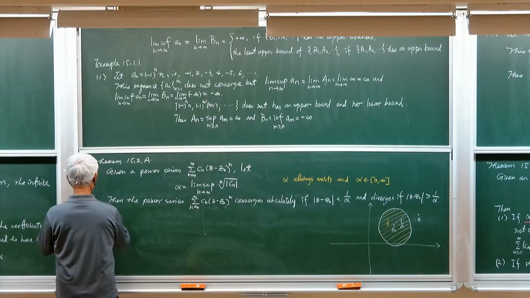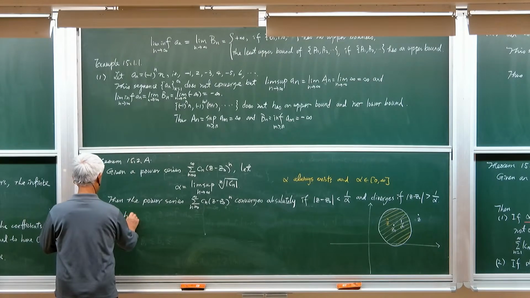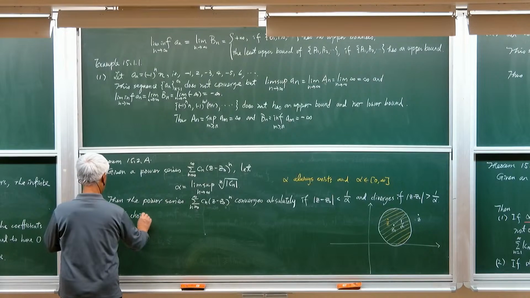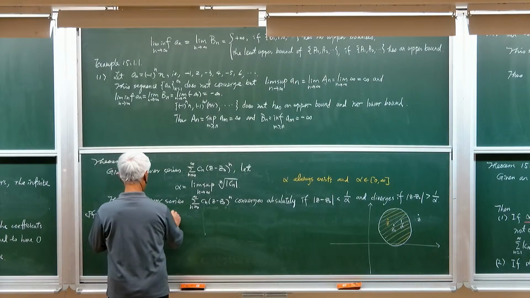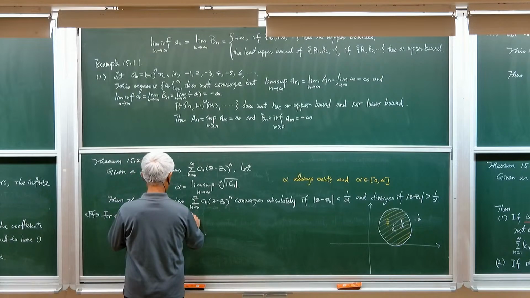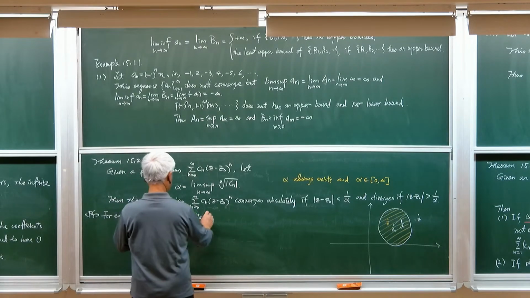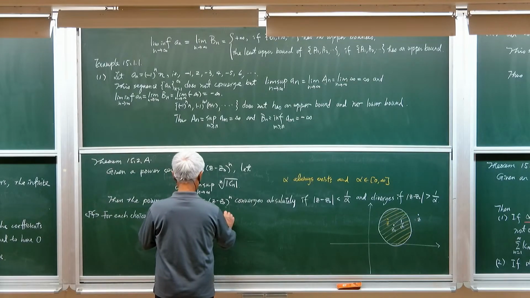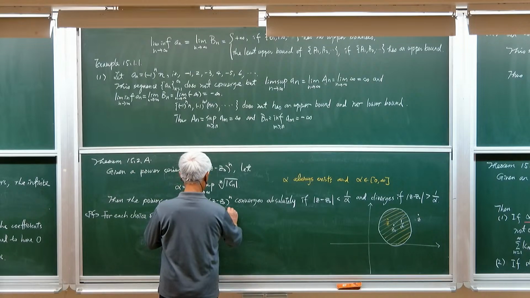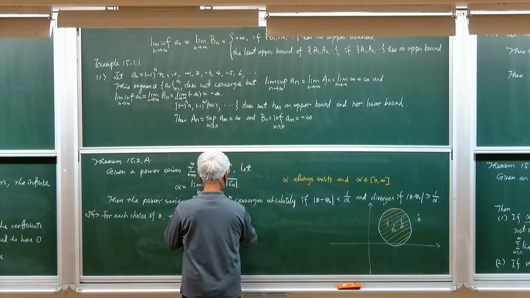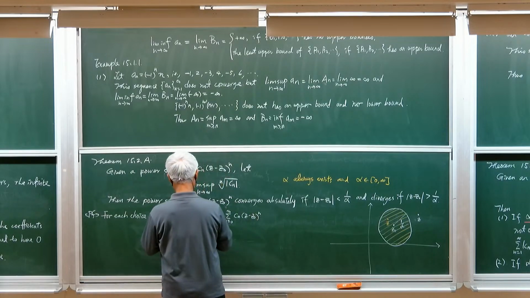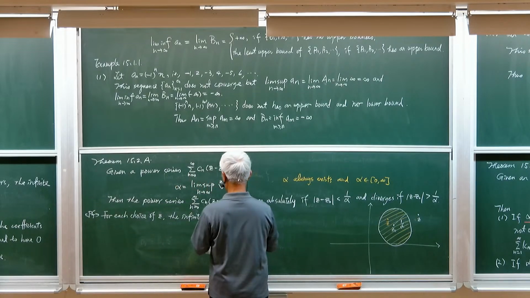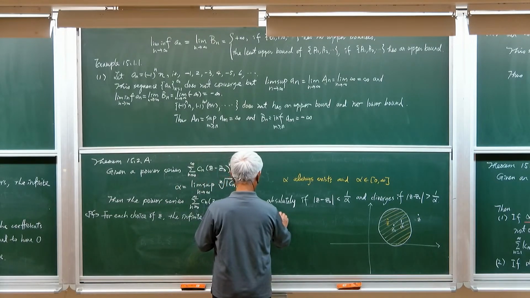So now for each choice of z, the infinite series sum from n equals 0 to infinity of Cn (z minus z0)^n is a series of complex numbers.